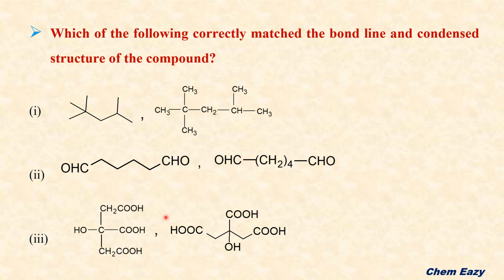Then next one, here carbon bonded with 2 CH2COOH and 1 COOH group, and here OH group. So look here in the middle carbon, this position indicates CH2COOH here. This side also this position CH2COOH, and here COOH is there, and here OH is there. So this also matches exactly.